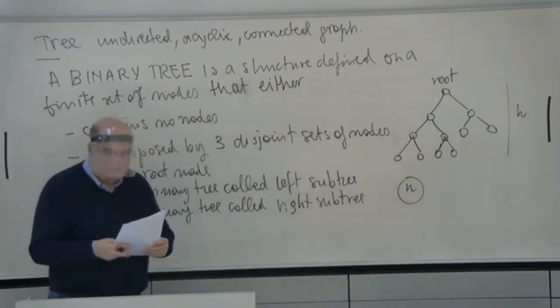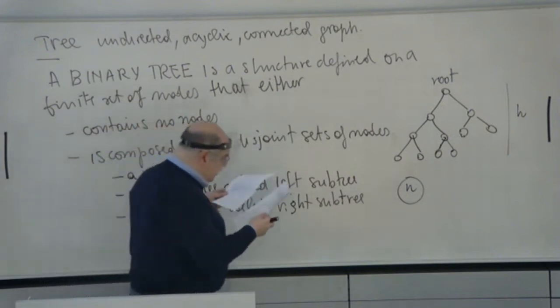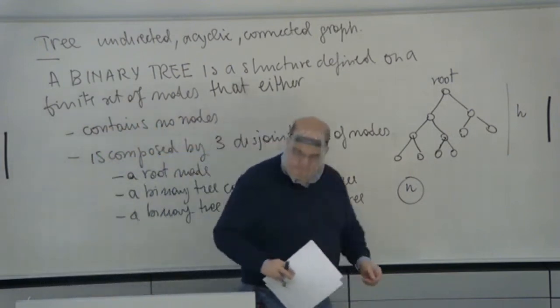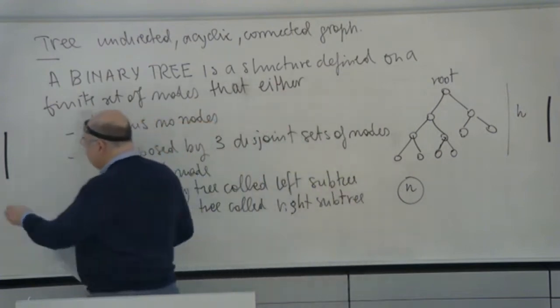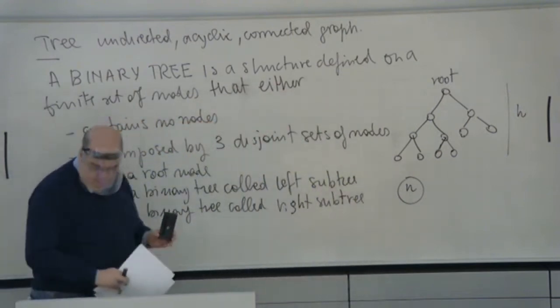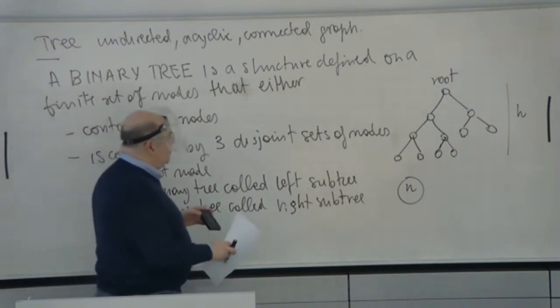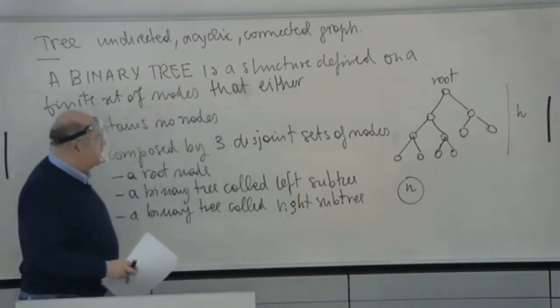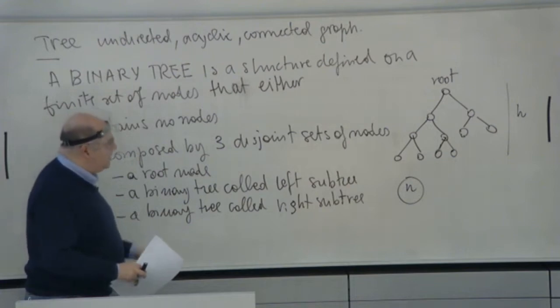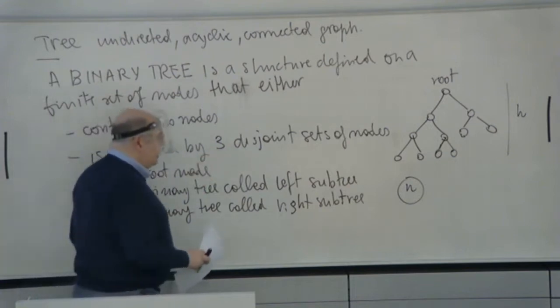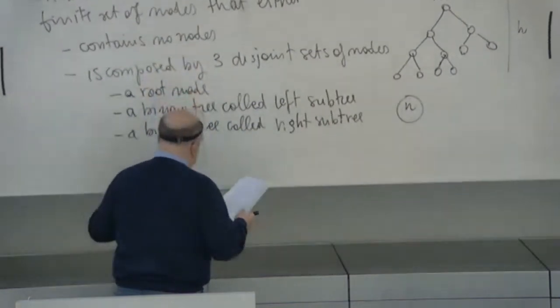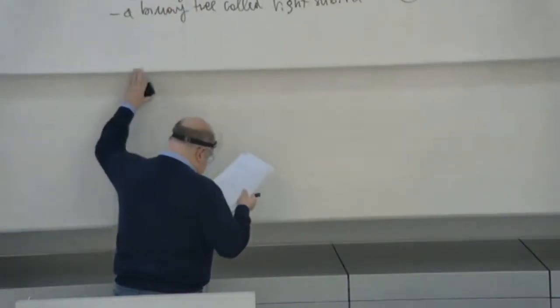So now we move to the definition of the structure, which is a heap. A heap is a data structure that allows for the representation of a vector on a binary tree.